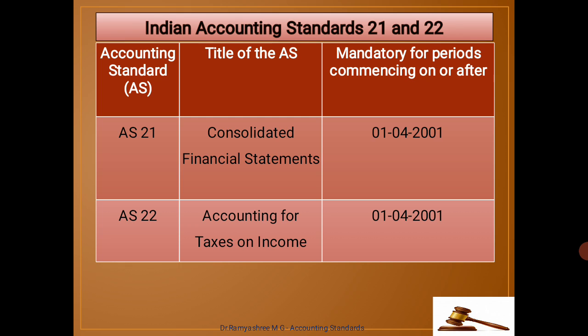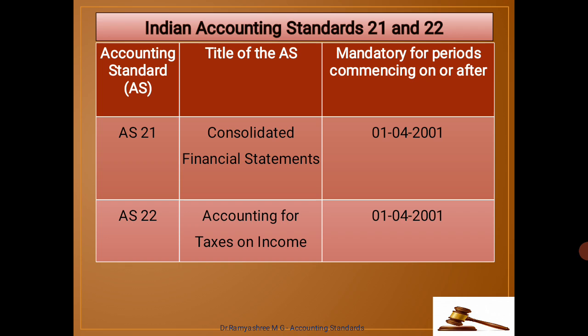This standard prescribes the principles for determining and presenting earnings per share for comparison of performance among different enterprises for the same period and among different accounting periods of the same enterprise. The focus of this statement is on the denominator of earnings per share calculation.